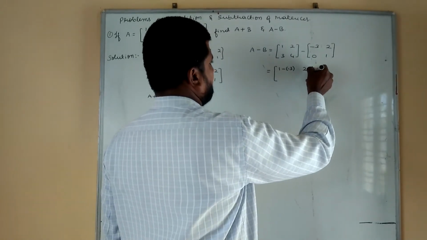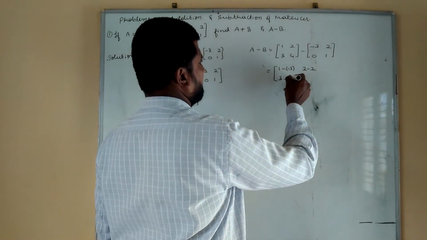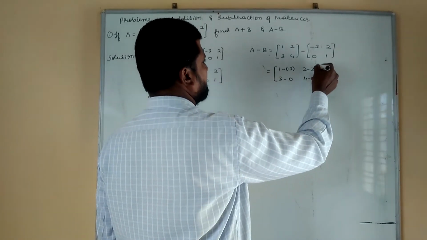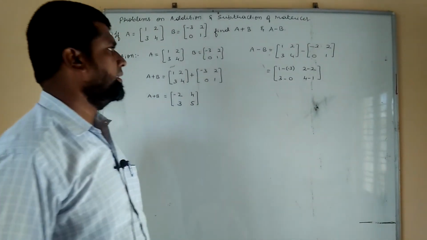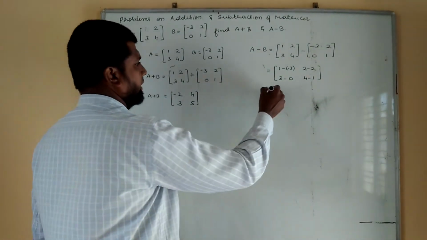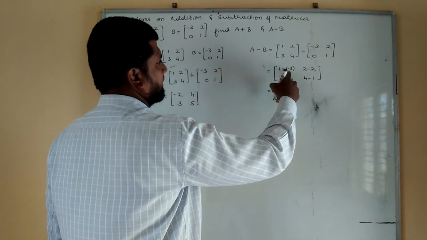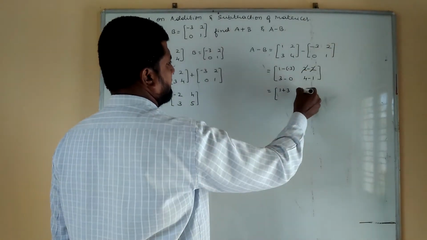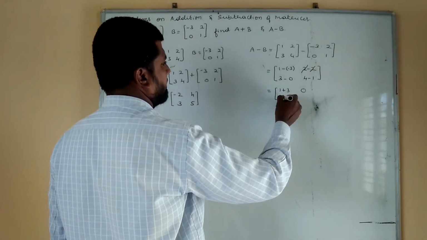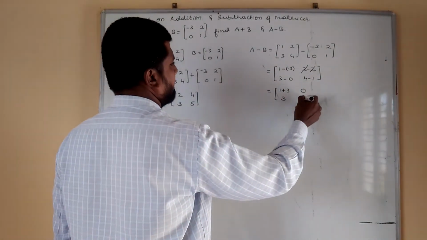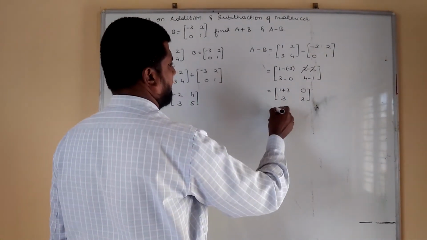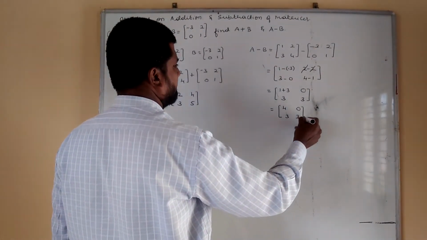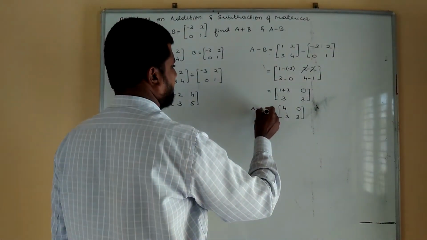Then 2 minus 2, 3 minus 0, 4 minus 1. This is an extra step. In the addition I had done directly. So here in the next step, minus into minus is plus, 1 plus 3 is 4, 2 minus 2 gets cancelled, you are getting 0, 3 minus 0 is 3, 4 minus 1 is 3. So this is the A minus B: 4, 0, 3, 3.